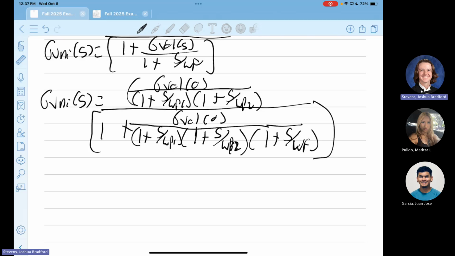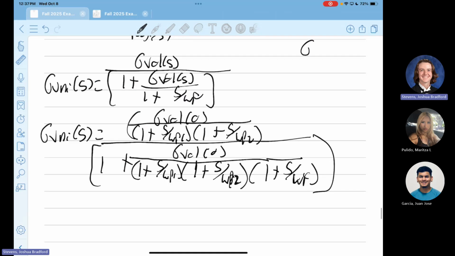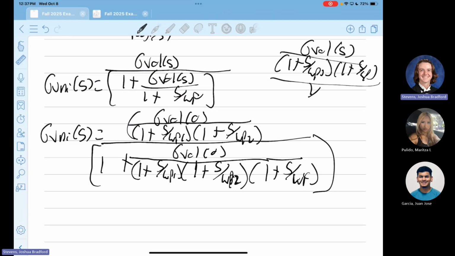The reason I did that, okay, I could put, technically it's G vol of S over 1 plus S over omega P1 times 1 plus S over omega P2 over the 1 plus S over omega F. But these terms are just going to drop down in the denominator.